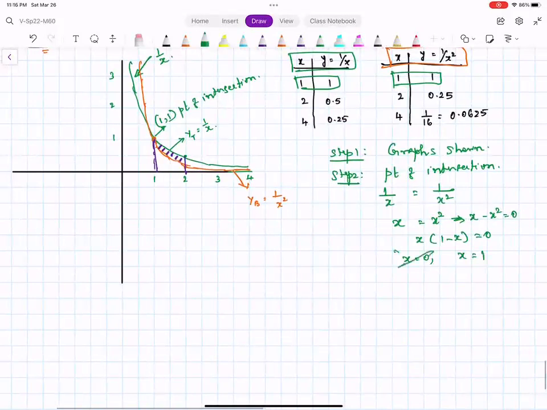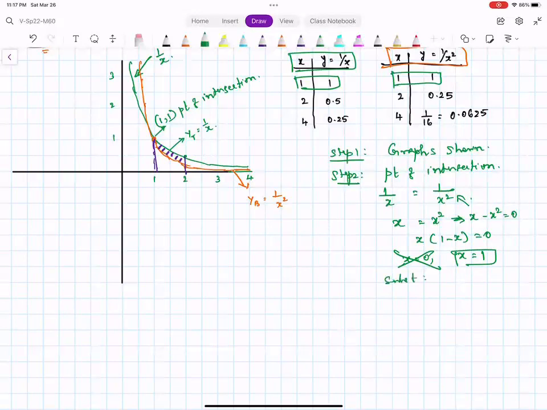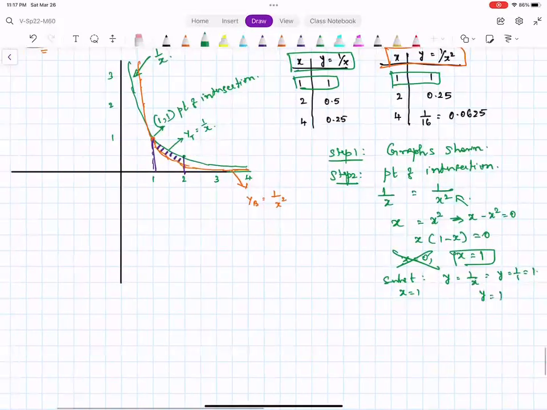But x equal to 0 is not possible because that will make both graphs undefined. So we are not going to plug in x equal to 0. So x equal to 1 is one point of intersection. If you substitute x equal to 1 in either one of the two equations, y is also 1. So x equal to 1, y equal to 1 is the point of intersection.